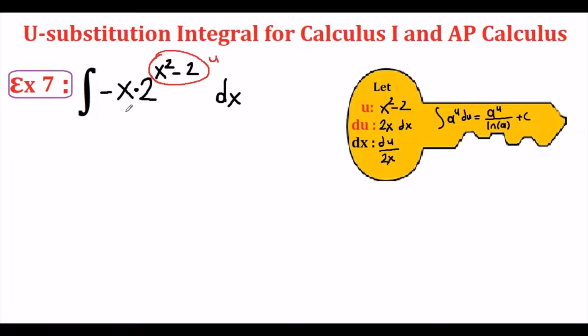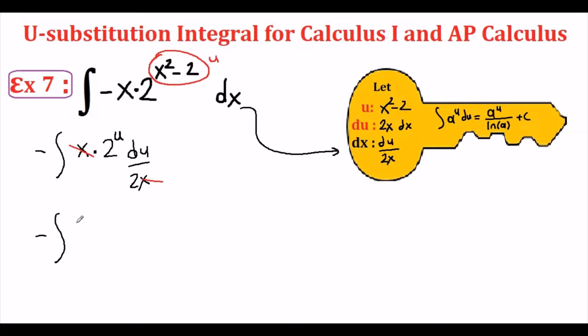Now let's rewrite everything in terms of u. You can pull this negative sign in front of the integral sign, and then you have x times 2 to the u, and instead of dx, we have du over 2x. X is cancelled out. So here we have negative integral of 2 to the u over 2 du.